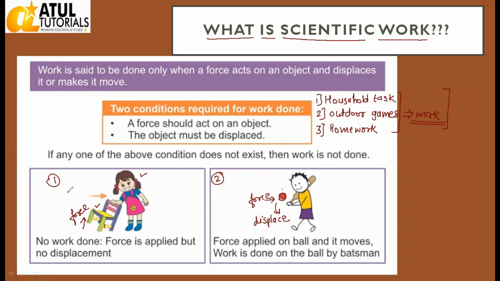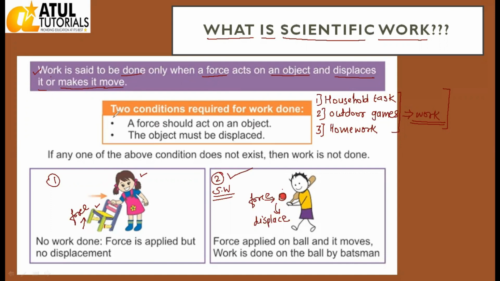So in दो पिक्चर में हम साइंटिफिक वर्क किसे कह सकते हैं? This second picture is referred to as scientific work. Why? Because work is said to be done only when the force acts on an object and displaces it or makes it move.